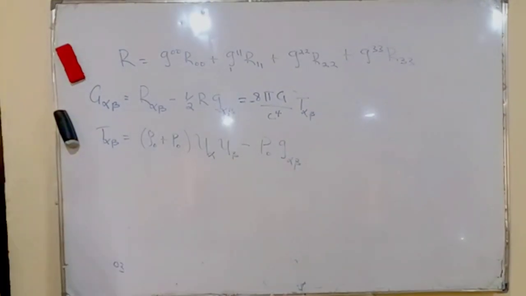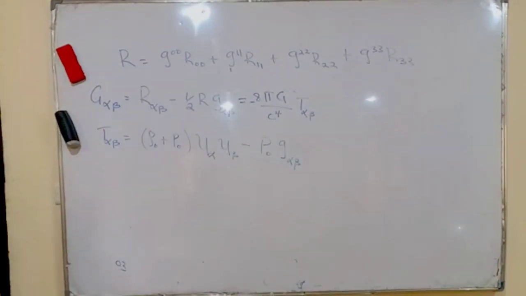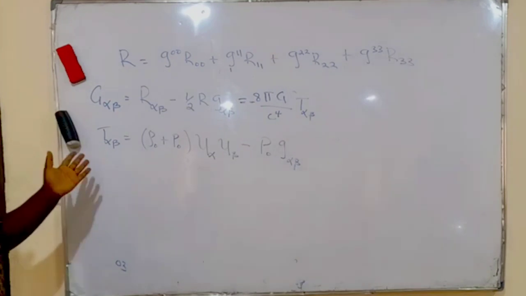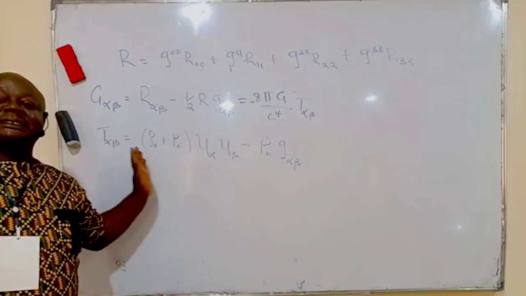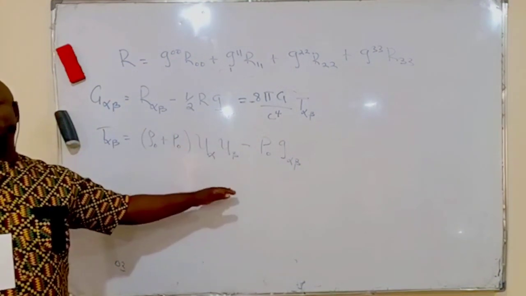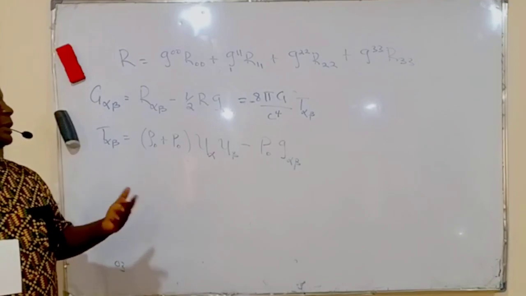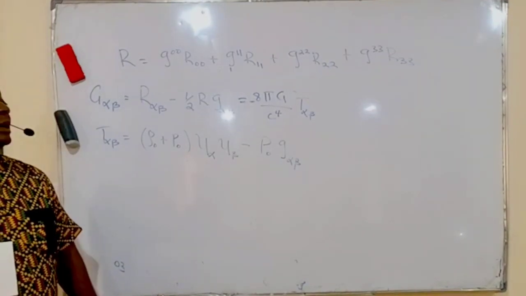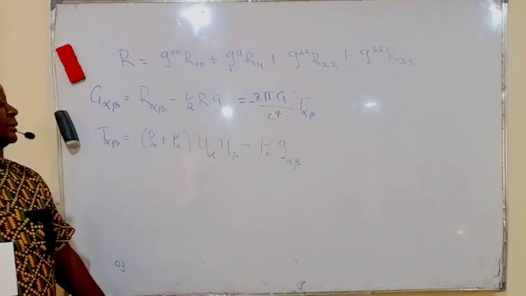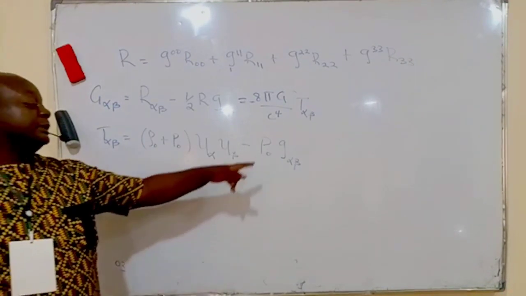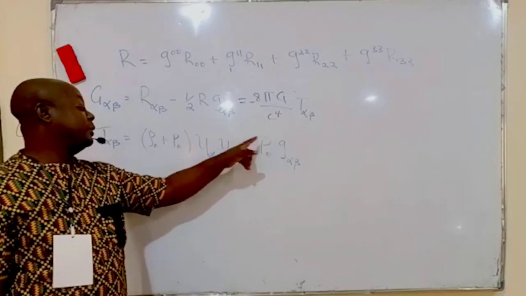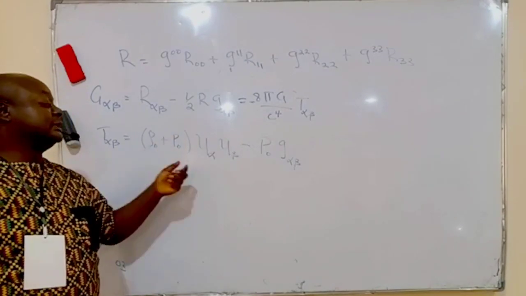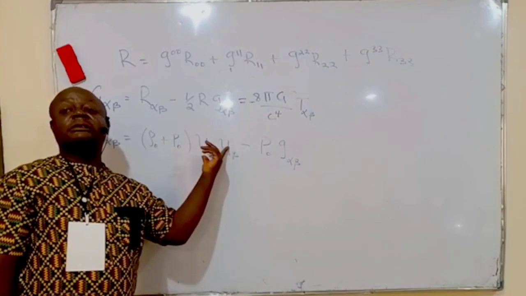So in solving your problem, at this stage we can decide to leave it like that, or you can make more assumptions, especially with regards to the proper pressure, the proper density, and the velocity vector.